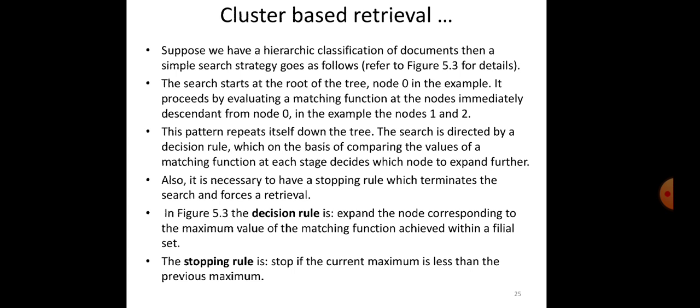The stopping rule is that we stop the procedure if the current maximum is less than the previous maximum. Suppose the matching function gives a lower value than the previous value, then we can stop our search and retrieve the previous cluster. Like that, cluster-based retrieval happens here.